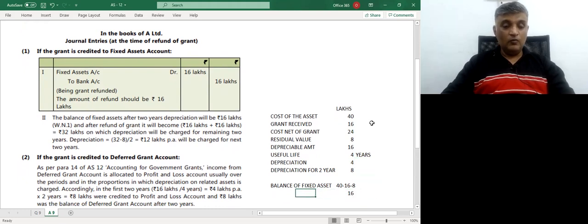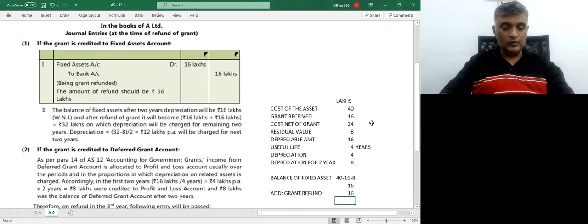Okay. Now, once you refund the grant, what happens? We will add the grant to the cost of the asset. So the revised cost is 16, or you will say the balance of the fixed asset is 16. Now we'll add the grant refund of another 16. So the asset value becomes 32 lakhs.